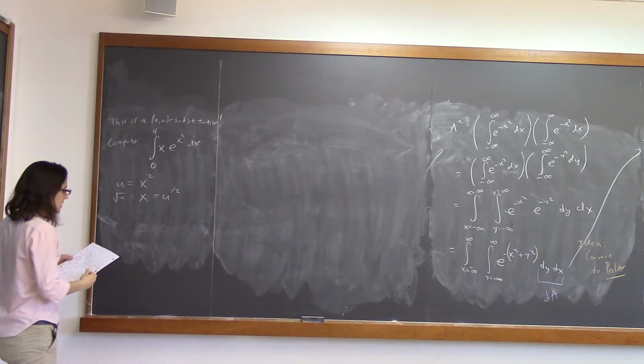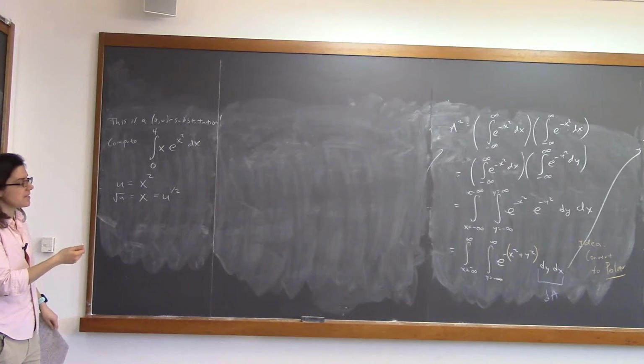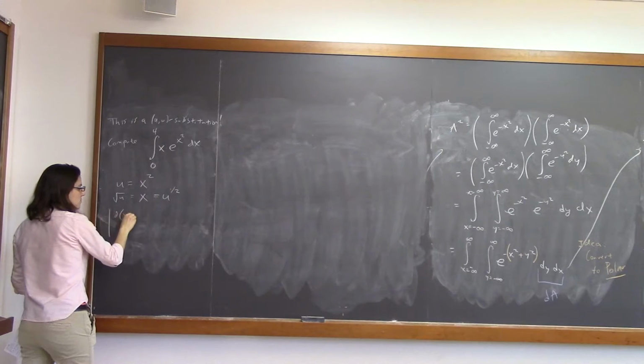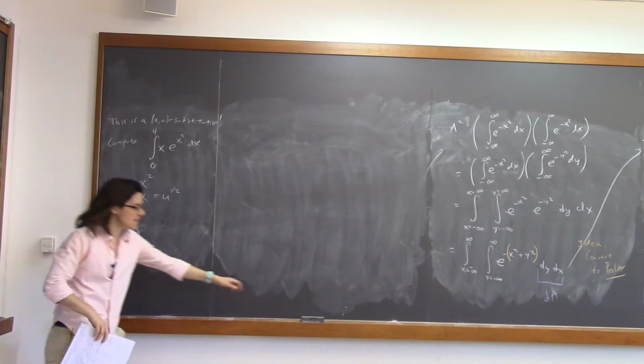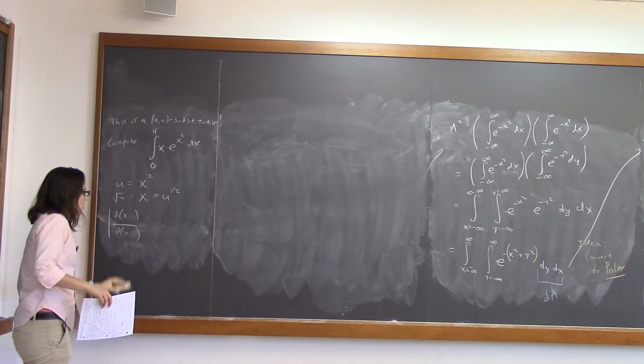So let's see. Our Jacobian for multivariables would be like dxy over duv, but here we only have a single variable. So here it's dx over du.